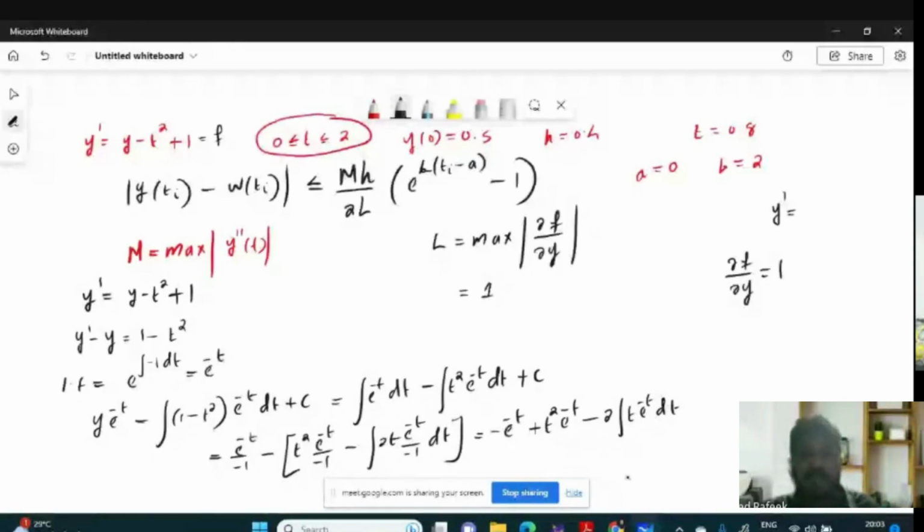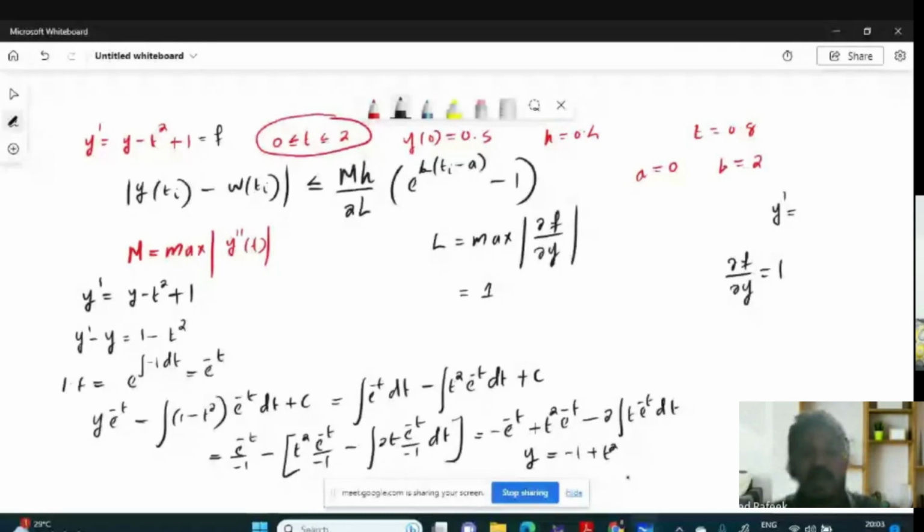In the left hand side you have y e raised to minus t, so you divide with e raised to minus t. Y equal to minus 1 plus t square. Again you need to integrate it; first integrate it, then go with that.